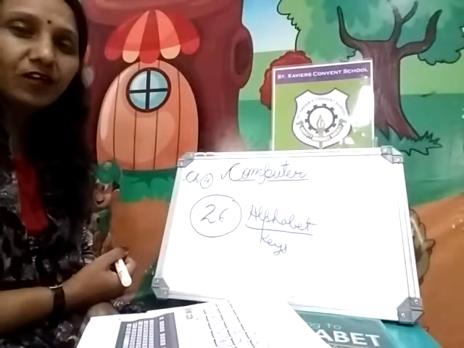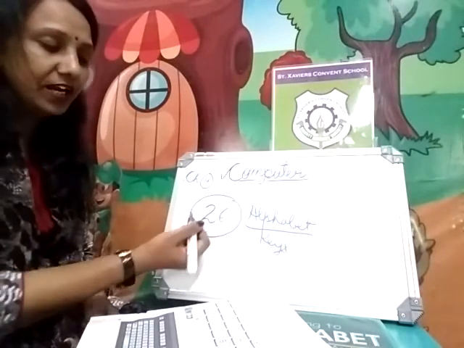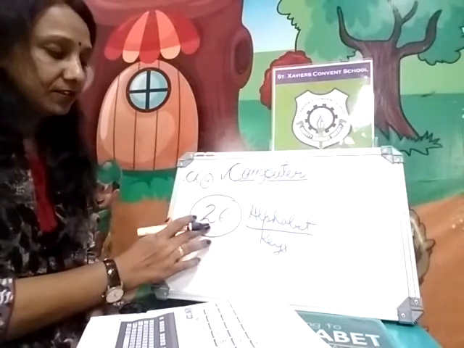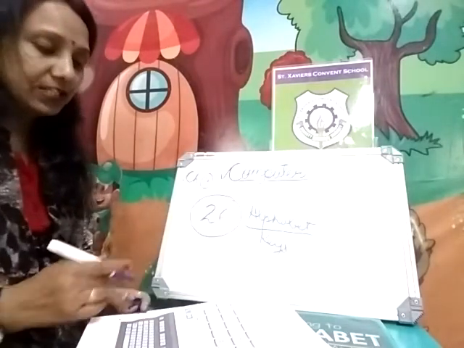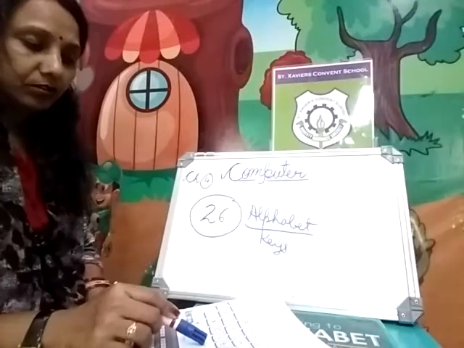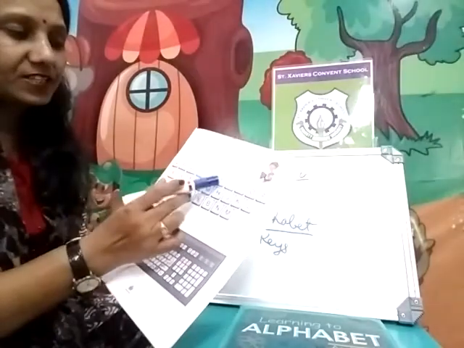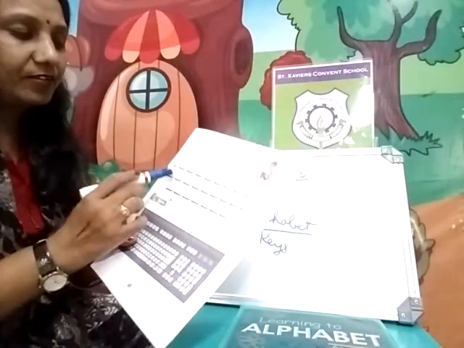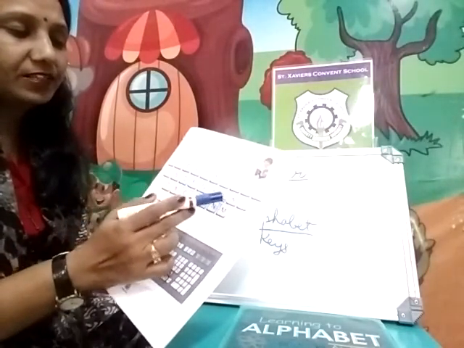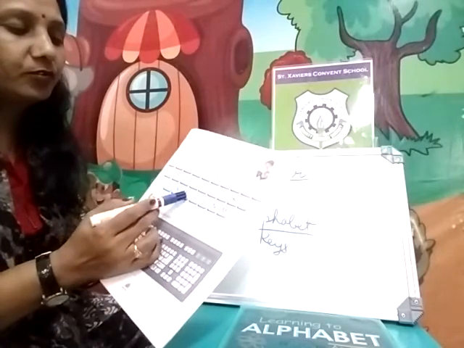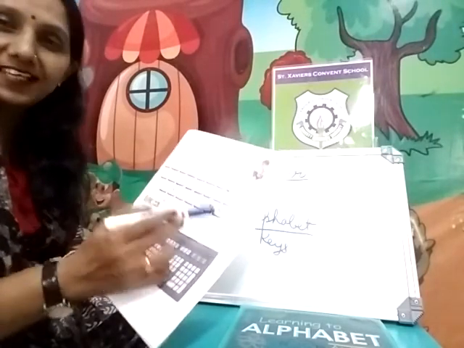A to Z. How many all are these? 26. That's why 26 alphabet keys you can see there on that keyboard. You can count yourself. 1, 2, 3, 4, 5, 6, 7, 8, 9, 10, 11, 12, 13, 14, 15, 16, 17, 18, 19, 20, 21, 22, 23, 24, 25, 26.